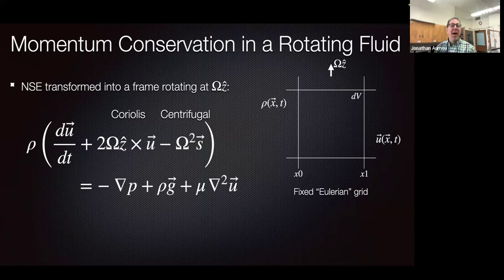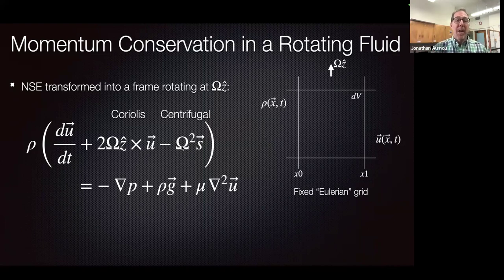Du/dt, when we measure it in the rotating frame, has two extra terms. It has Coriolis, this 2 omega z-hat cross u, and it has centrifugation, omega squared s. Okay, what's omega? Omega is the rotation of the whole planet. It is the angular velocity. Z-hat is vertically upward along the rotation axis. u is the velocity. s is cylindrical radius.